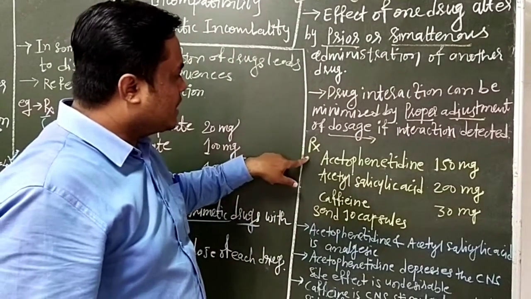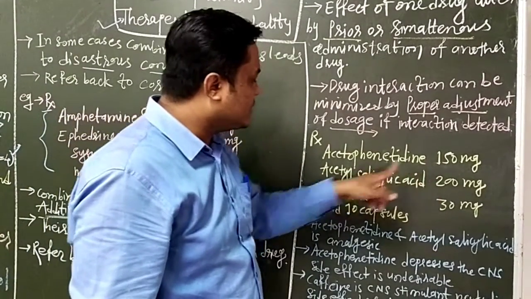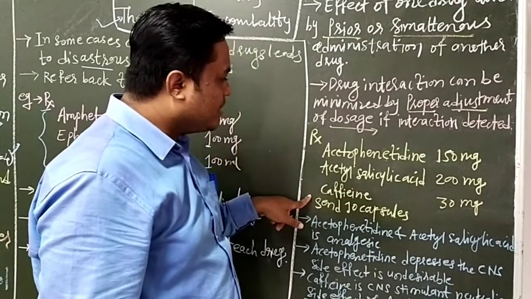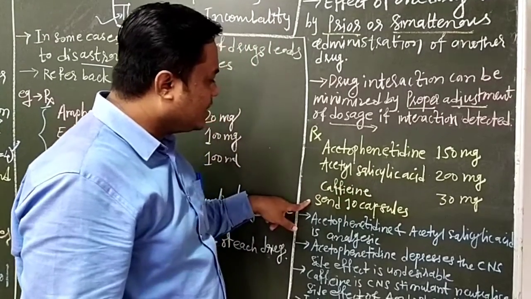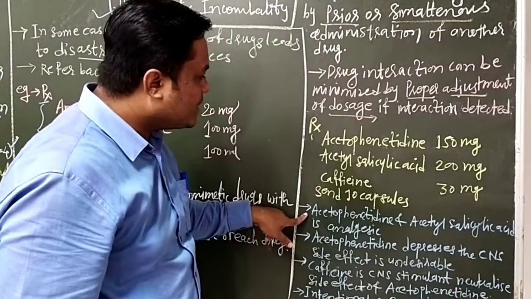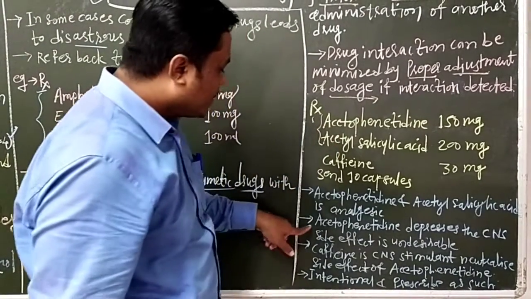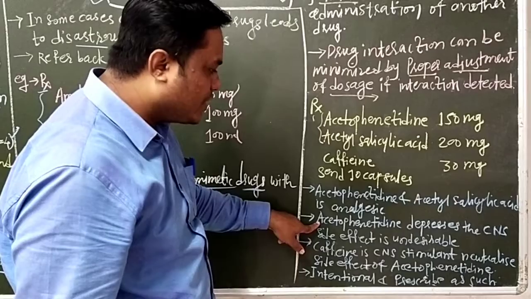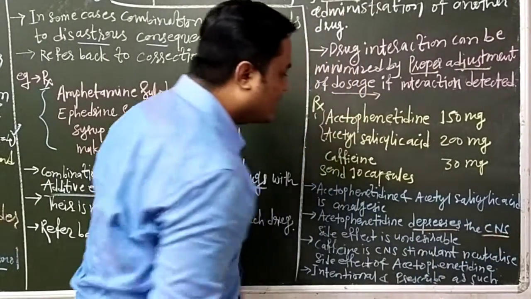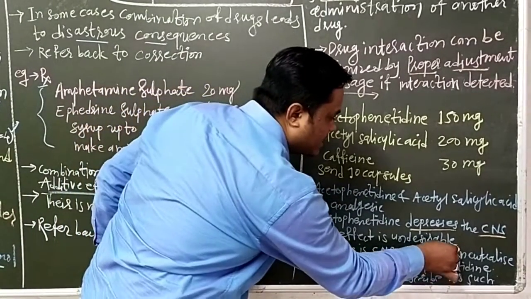The next example is Rx: acetophenetidine 150 mg, acetyl salicylic acid 200 mg, caffeine 30 mg, make 10 capsules. In this prescription, acetophenetidine and acetyl salicylic acid are analgesics in nature. But acetophenetidine depresses the central nervous system, CNS, and this side effect is undesirable.